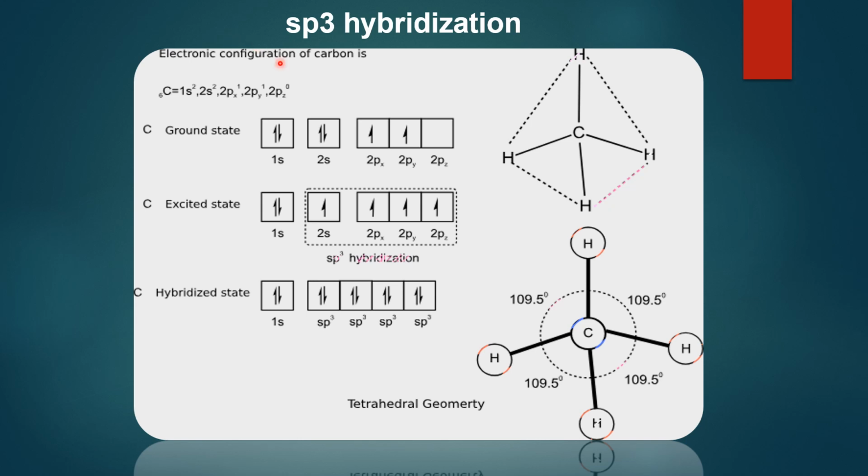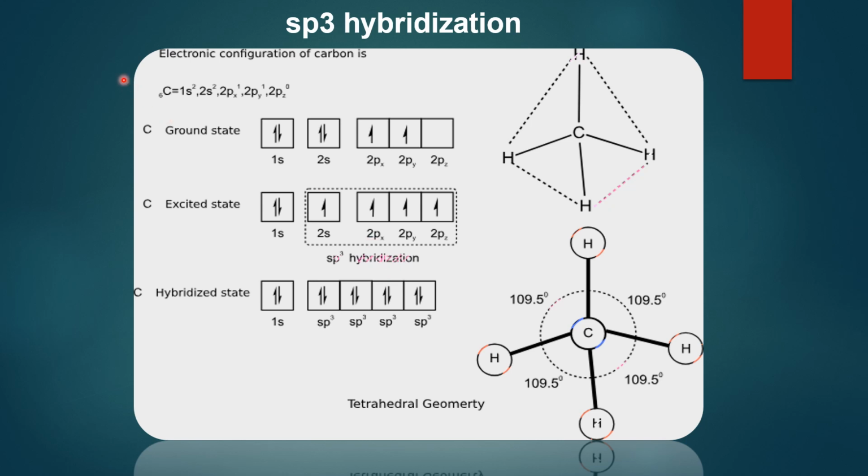The best example for sp3 hybridization is the methane molecule. The formula for methane is CH4, in which the central atom is carbon, surrounded by 4 hydrogen atoms, which makes the shape tetrahedral geometry.